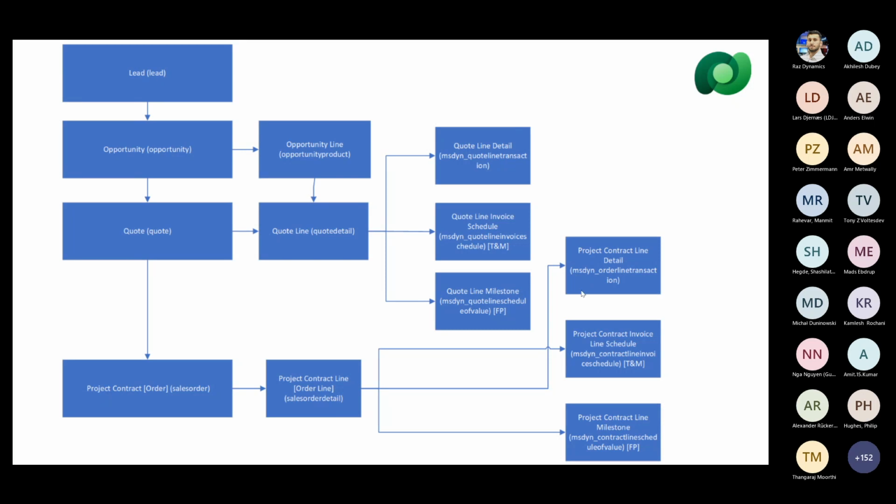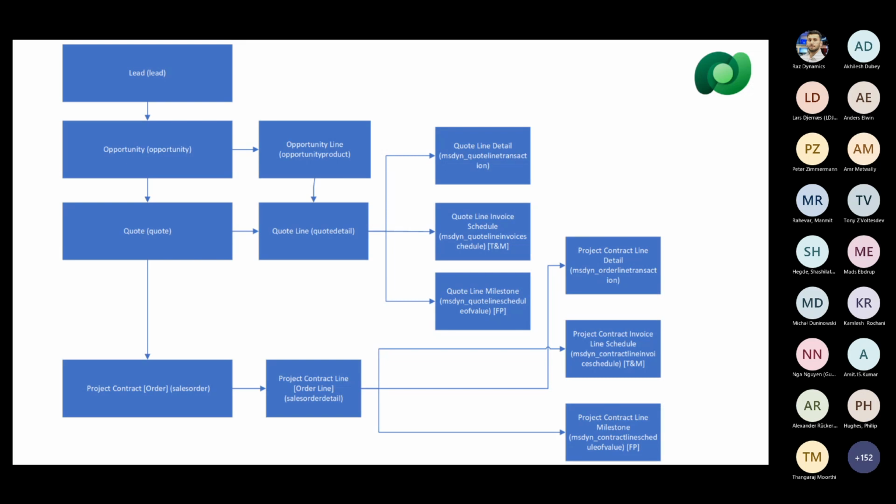But since project operations didn't exist before, and the existing sales order line had to be enriched to perform the project operations functionalities, now your entity names in the order will be order line transaction, line detail, contract line invoice, invoice line schedule, and milestone. So again, these are the new entities you will find in project operations.